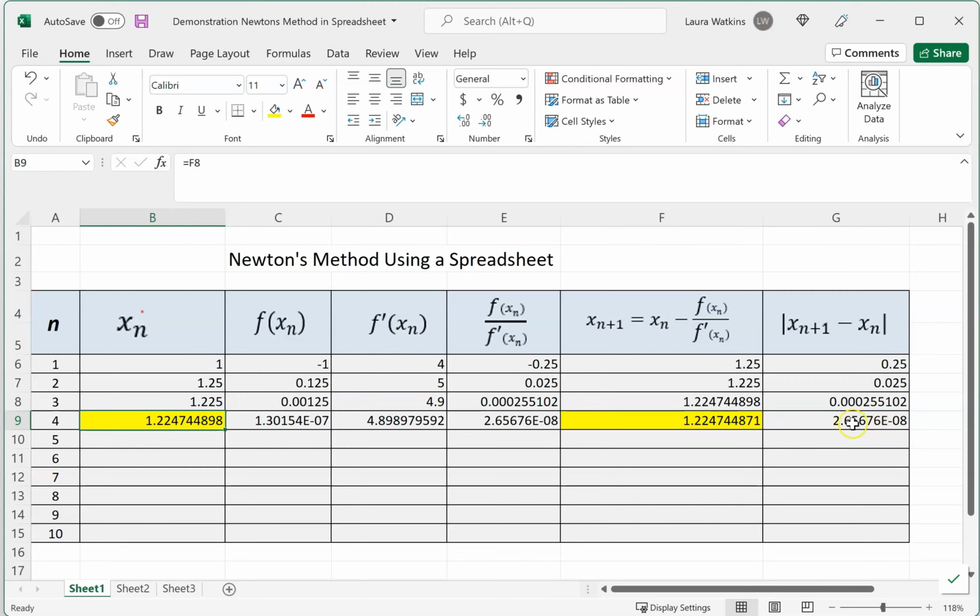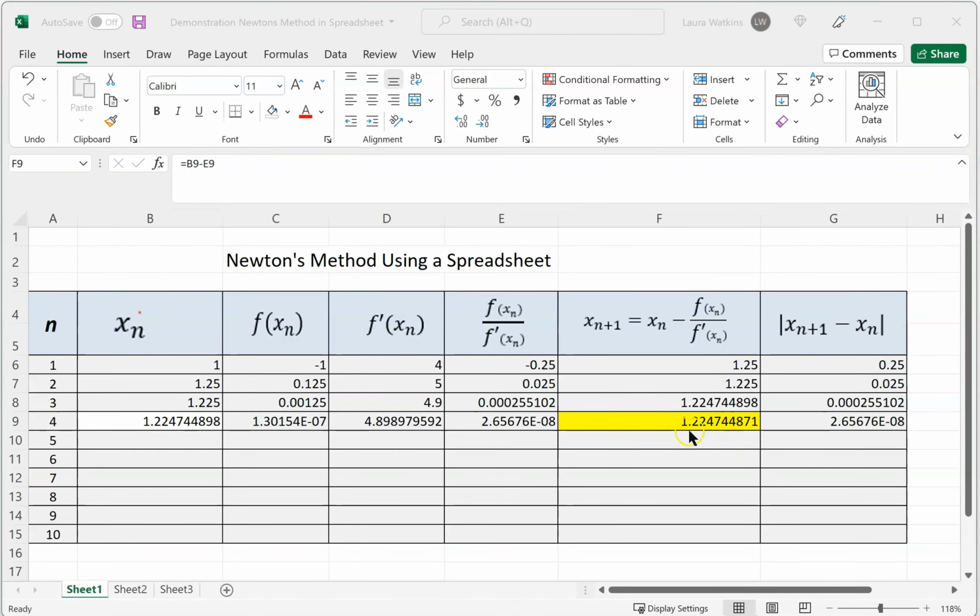Notice over here that the difference between the two iterates is very small. If you're not familiar with this notation, this is 2.65 and so forth times 10 to the negative 8th power. So that is quite small. So it looks like our approximation here should be 1.224744871.